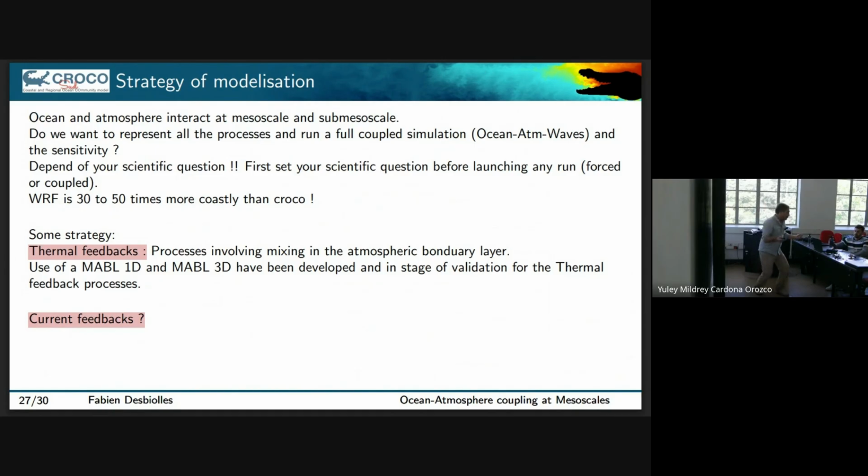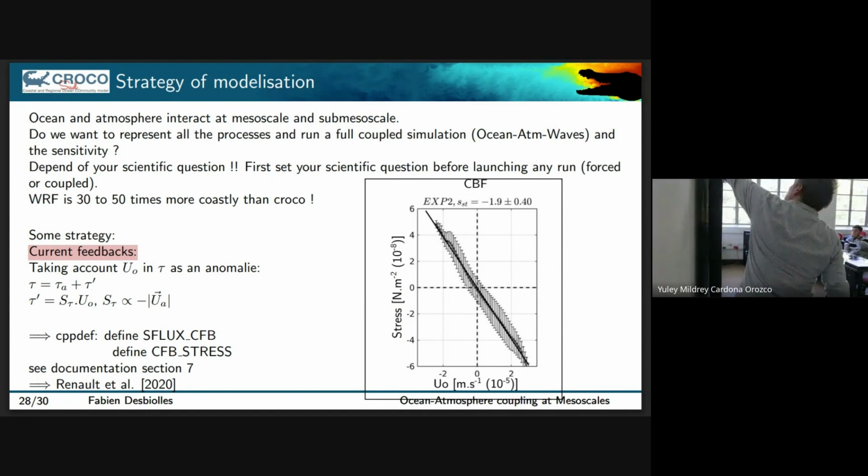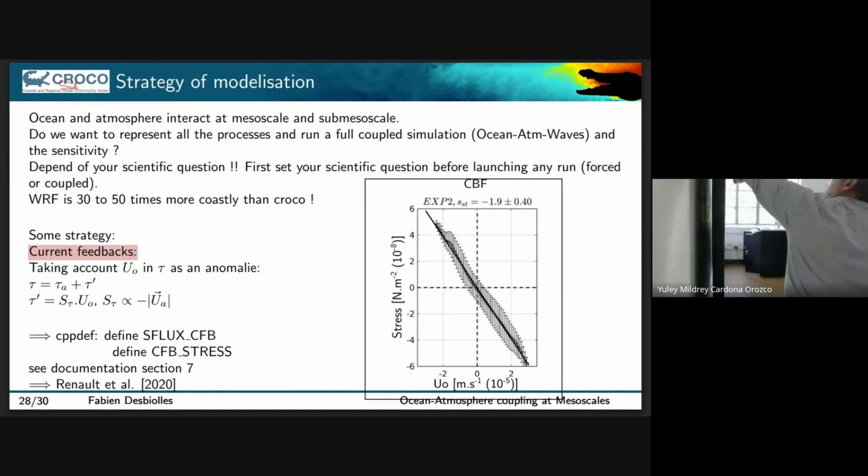Not necessarily, because we can use a parameterization. If we take into account the surface current in the calculation of tau, we know that our stress is the part of the atmosphere plus an anomaly.